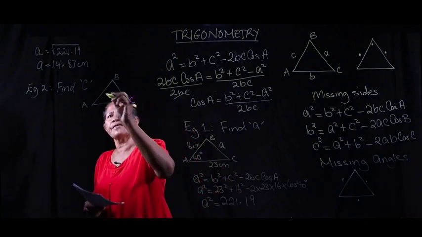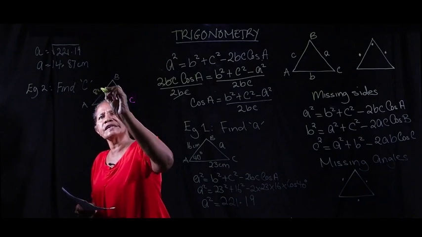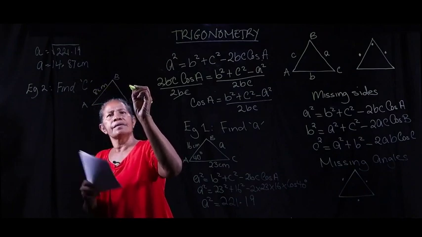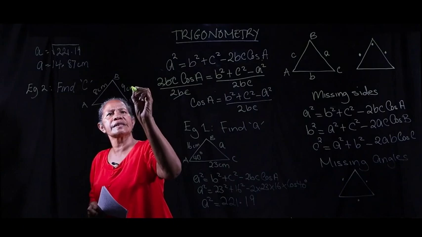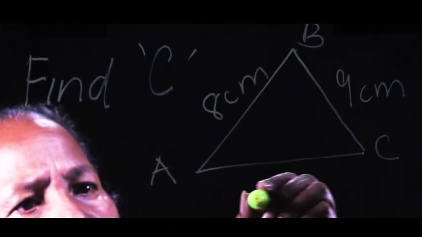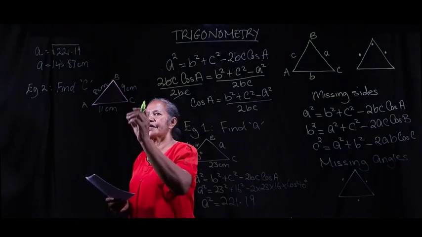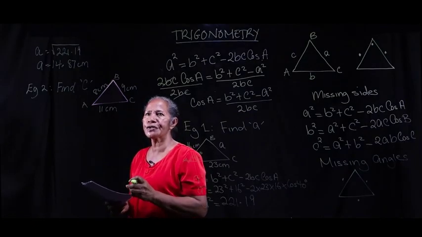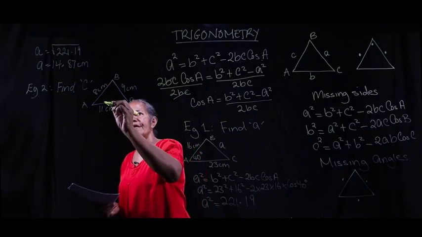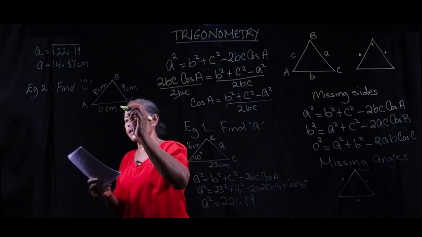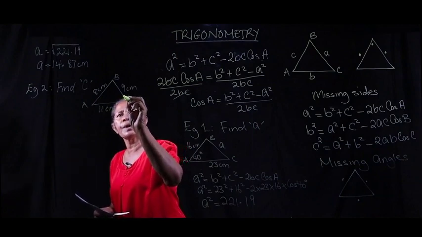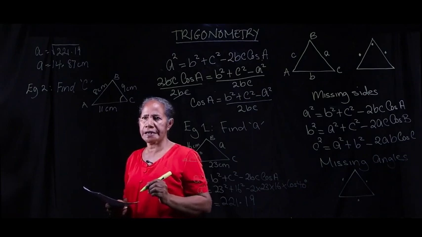So we have 8 centimeters, 9 centimeters, and 11 centimeters. This is the triangle that we are going to use in order to find the missing angle C.